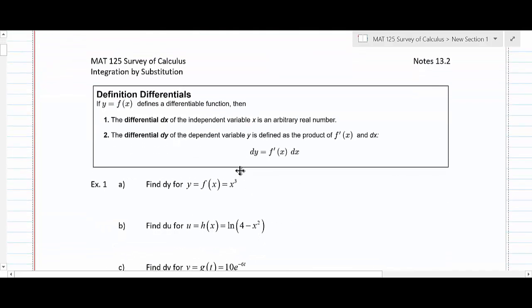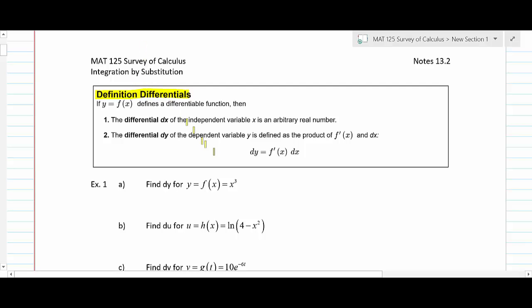So first thing I want to do is prepare you for what I'm going to teach you. There's this idea of a differential, and this is mostly going to be approached as a bookkeeping device. Like on the integral, you have the dx, the dt. I'm going to show you what that is.